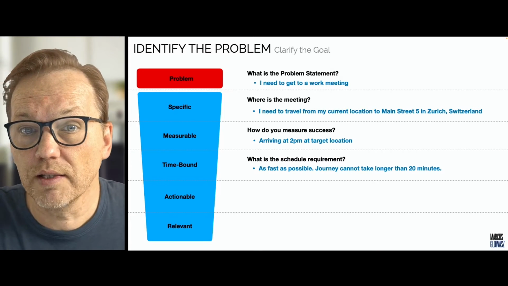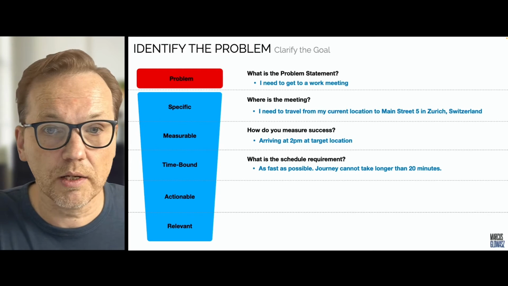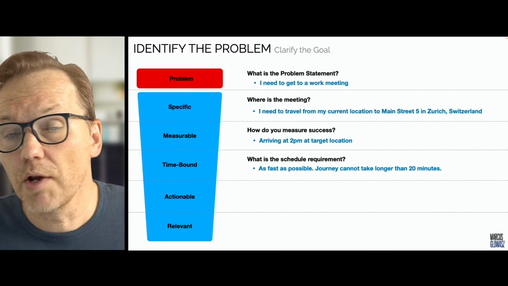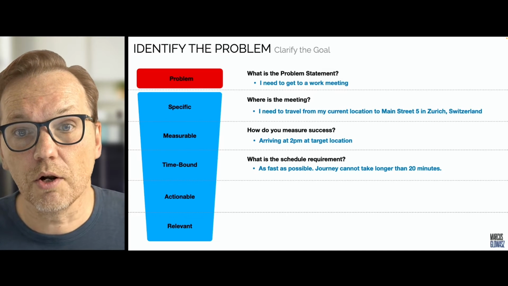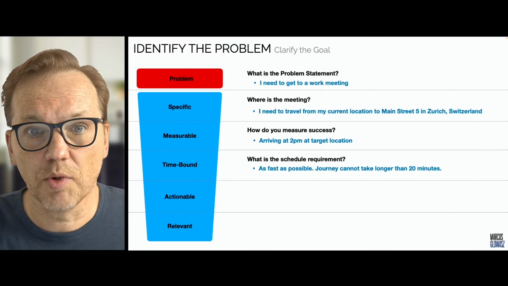So we're saying we want to get there as fast as possible, but the journey cannot take longer than 20 minutes because right now it's 20 to 2, let's say, right? So we have only 20 minutes to reach that location, right? That's all what we have, right? So that's the constraint, but ideally as fast as possible.